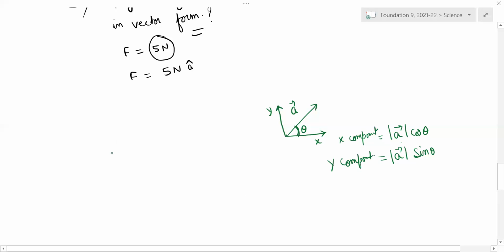Now, if I give a question, let's say here it is 10 Newton and it is acting at 30 degrees. Find the x component and y component. Find Fx and Fy. So what can we do, beta?